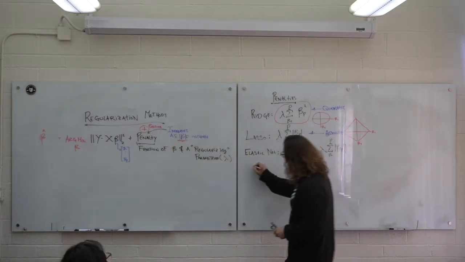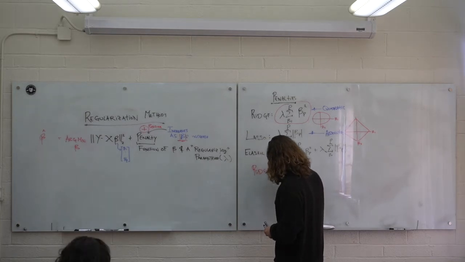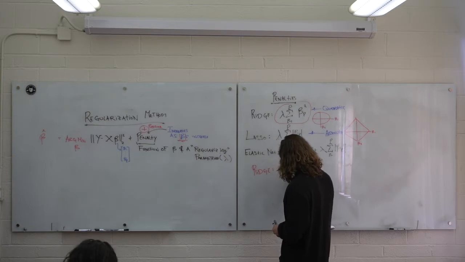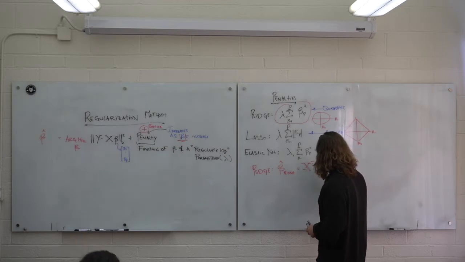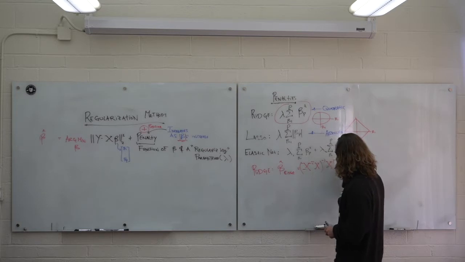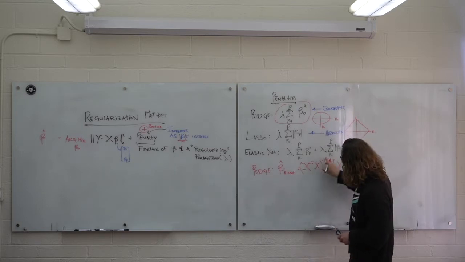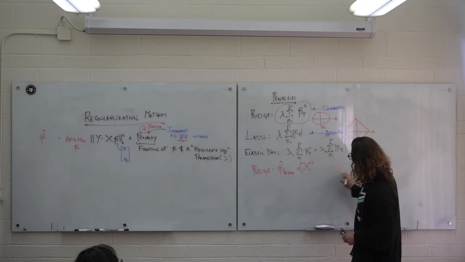So for Ridge, our solution, beta hat Ridge, is equal to x transpose x inverse x transpose y. I did that just out of habit. Let me say that one more time.